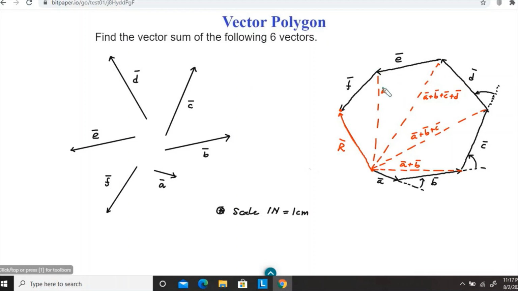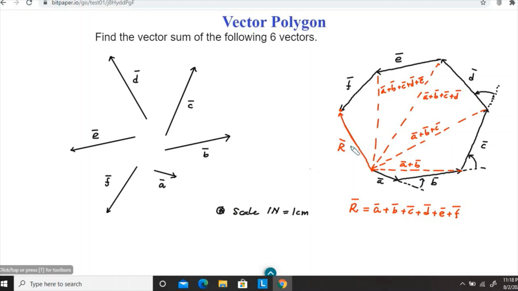So you will have vector A plus vector B plus vector C plus vector D plus vector E. And then finally, that sum is added with vector F vectorially, and you get the resultant R. So you should be able to see that the resultant vector R is simply A plus B plus C plus D plus E plus F. So that's a mathematical relationship for the resultant vector.